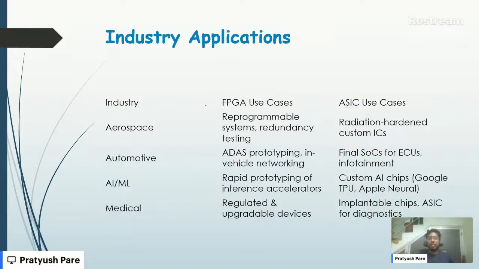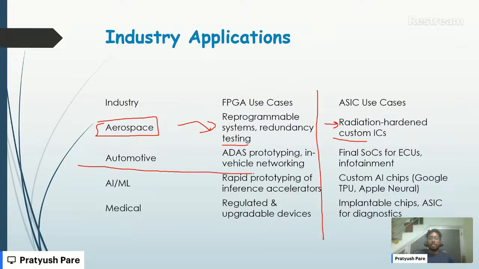Okay, industry application. In industries like aerospace, we need reprogrammable systems, so we use FPGAs, and where we have hard specifications, we can use ASIC. So that's just a simple table. It's the same thing overall.